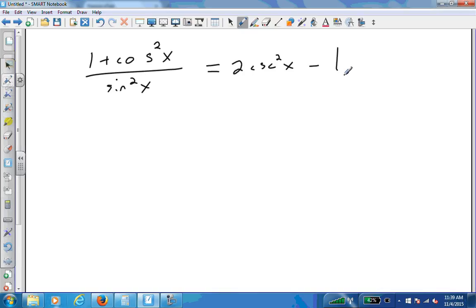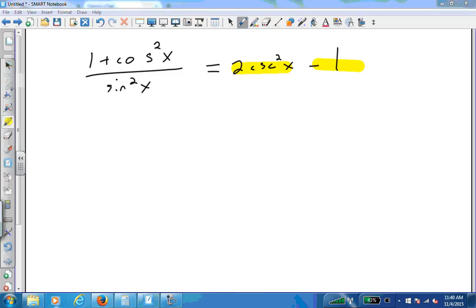Let's see. On the right side, we have 2 different terms. On the left side, we just have 1 fraction. But we can take that fraction and break it up into 2 terms. What can I do to this fraction so that I have 2 different fractions or 2 different terms?